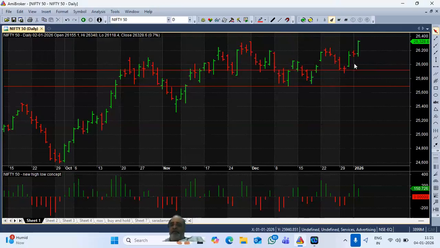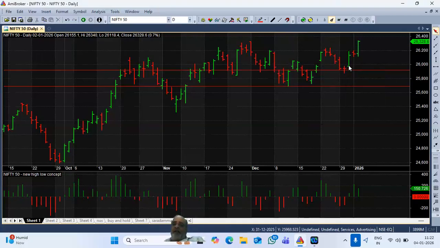So on this particular day, the market opened higher than the previous day high and never came down to the low made after the opening.